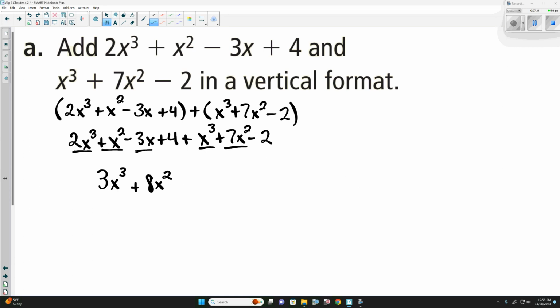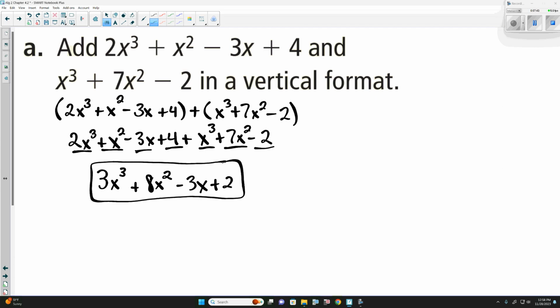Negative 3x, there are no other like terms with it, so it's just negative 3x. And lastly, 4 minus 2 is plus 2. So we can write the like terms next to each other and then combine them, or at this step here, we could go on and combine our like terms.